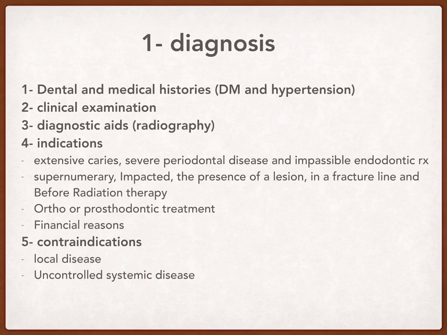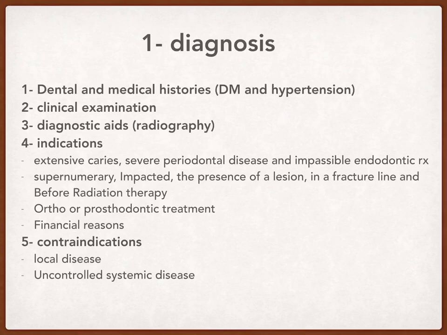Then we do a clinical examination, and then we use the diagnostic aids, for example, radiography, and then we will evaluate the indications and contraindications for this case and make the final diagnosis about this case.